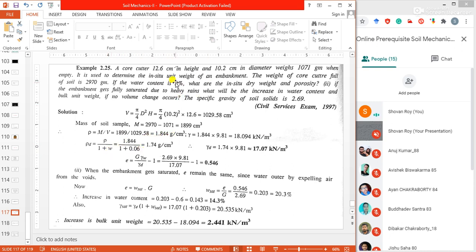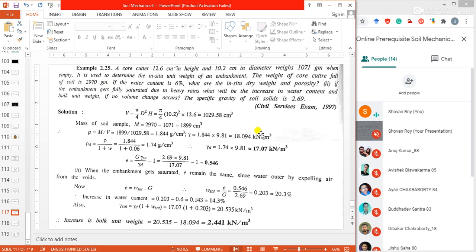Water content was 6%; remember, 6% means 6 by 100, so the water content should be 0.06. Now the dry density of the soil is 1.74 gram per centimeter cube, and the unit weight of the sample is 1.74 into 9.81, which is 17.707 kilonewton per meter cube.